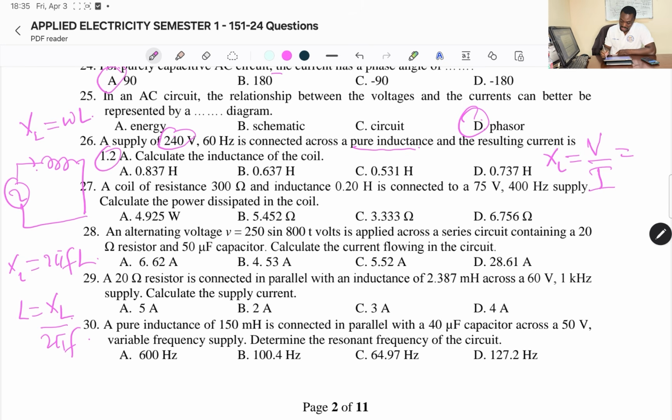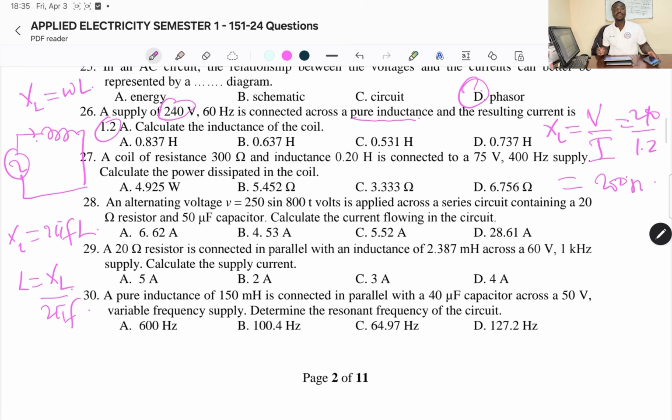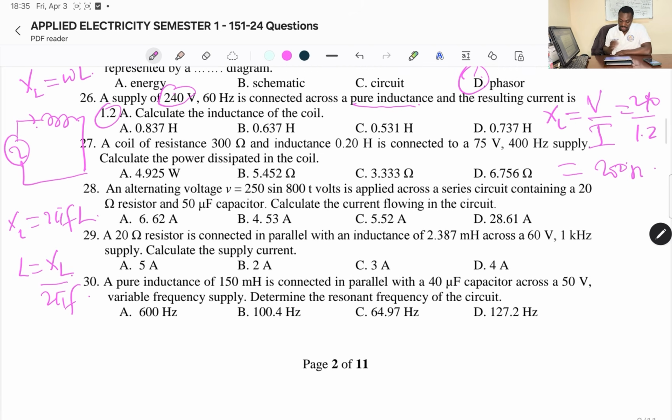So I'm going to have this equal to 240 divided by 1.2. That gives us 200 volts, ohms rather. This is the reactance, so that is 200 ohms.